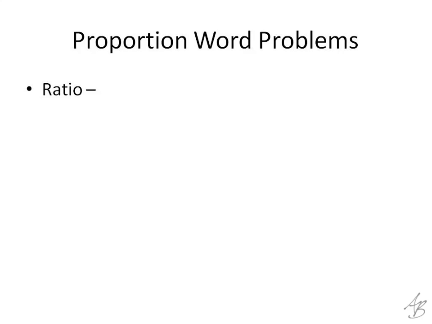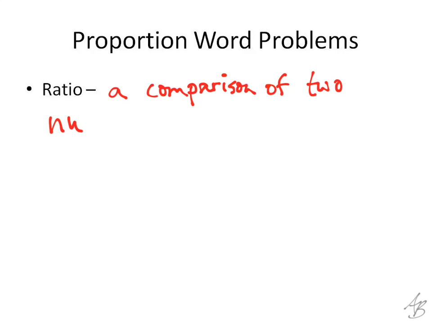What's a ratio? We talked about this in the opener, so it should be nice and fresh now. Yes, exactly. A ratio is a comparison of two numbers, and more specifically, the way we're going to write our ratios is using a fraction.